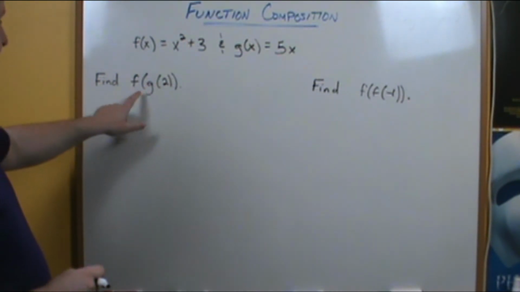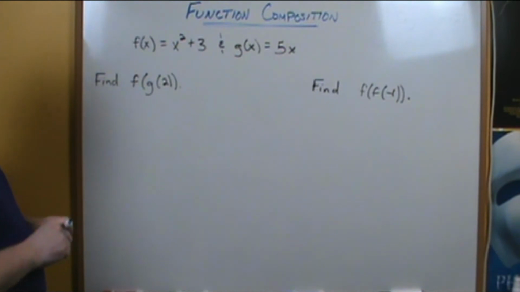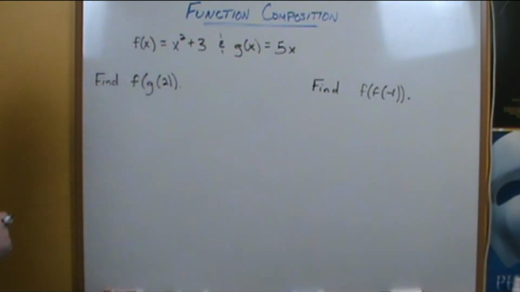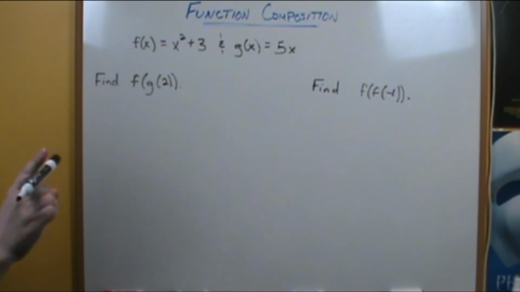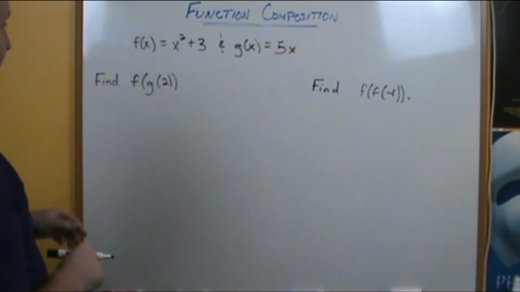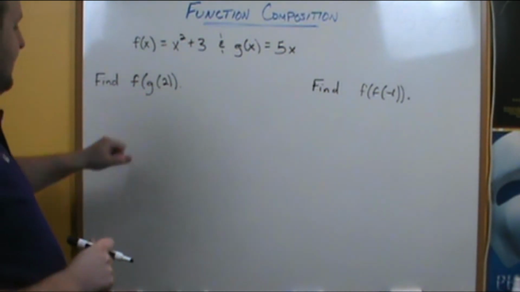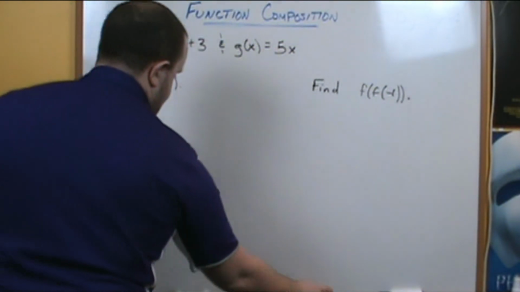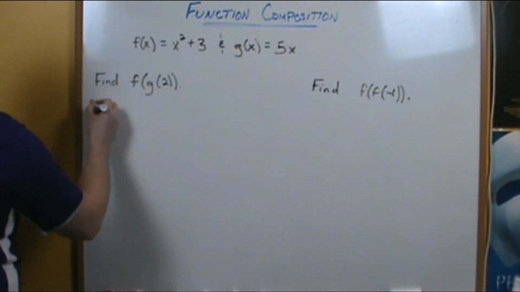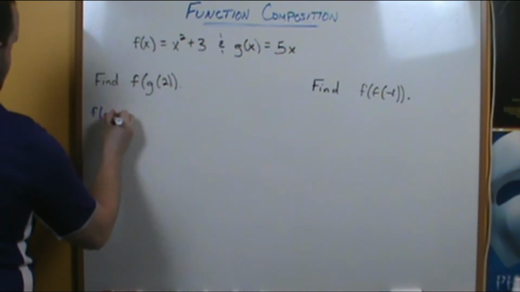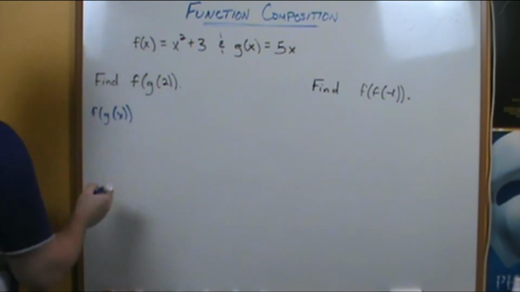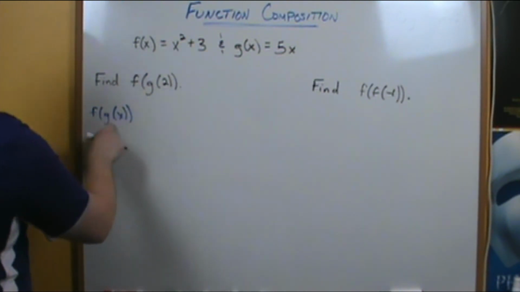We could actually find what the composition f of g of x is, if we want to. But there is an easier way, which I'll describe later. Let's find what f of g of x is. We're going to evaluate f of x at g of x.